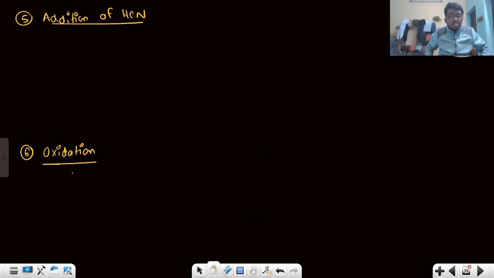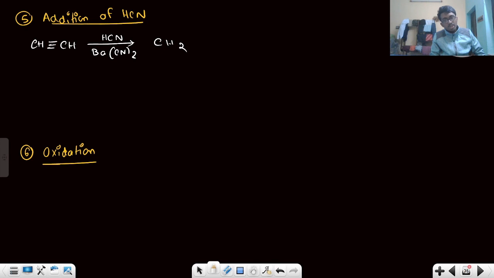Next we have addition of hydrogen cyanide. To add hydrogen cyanide, we have a specific reagent. What reagent do we have? Ba(CN)2, and obviously HCN we are going to add. If we put this, the bond breaks, one side hydrogen goes and the other side CN goes, like this. Clear? We have to use at least barium cyanide.